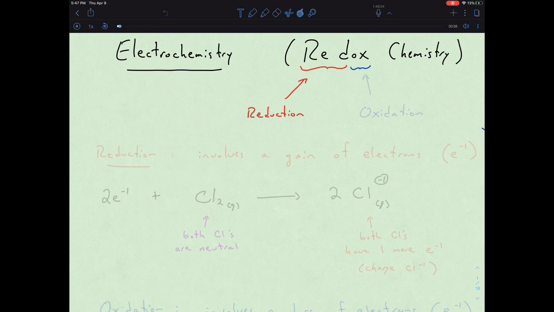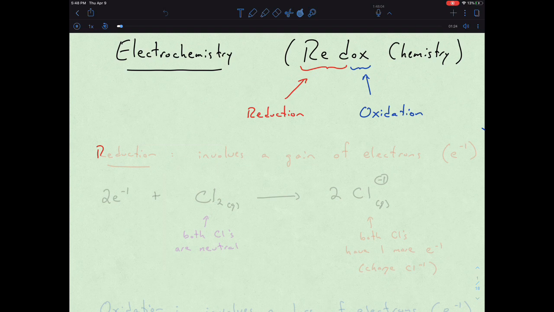The RED portion of that term is talking about reduction, and the ox part is talking about oxidation. So that's kind of the slang, right? We're talking about redox chemistry, we're talking about reduction and oxidation.